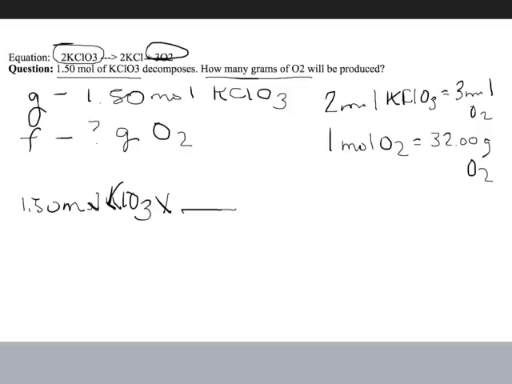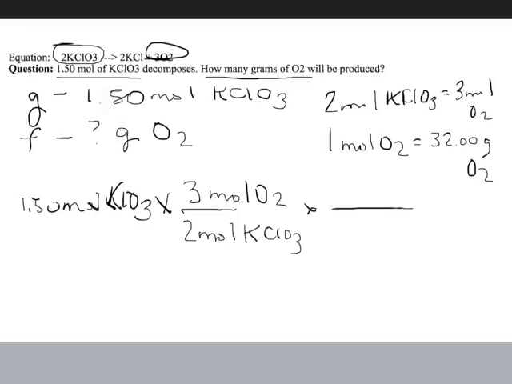We're going to convert over to oxygen, and we want to cancel out moles of KClO3. So we definitely need potassium chlorate in the denominator. And we're moving into the oxygen, so we want that to be in the numerator.